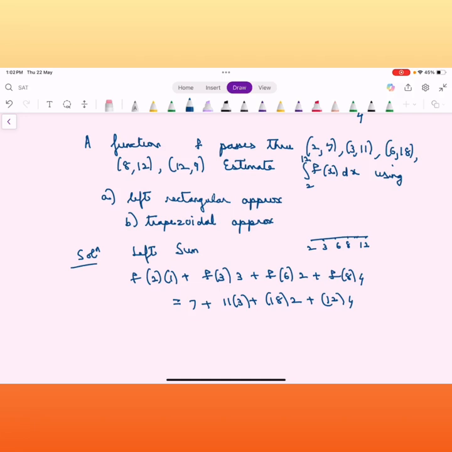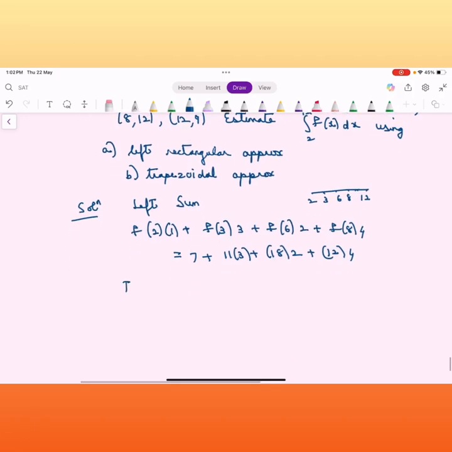Now coming to trapezoidal approximation, you can calculate the answer using your calculators, or you can just calculate it manually.